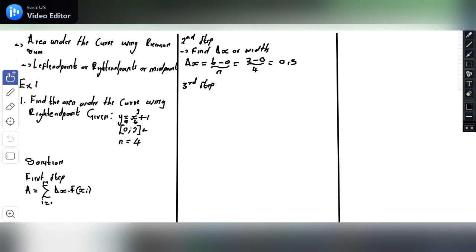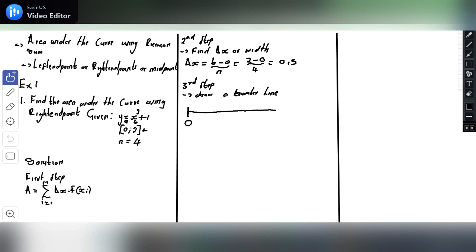What do we do on the third step? We draw a timeline or number line. How do we draw a number line? We just draw a line like this, right? The first value that we write here has to be the first point or the first limit. From our given information, the first point, which is a, is 0, right?